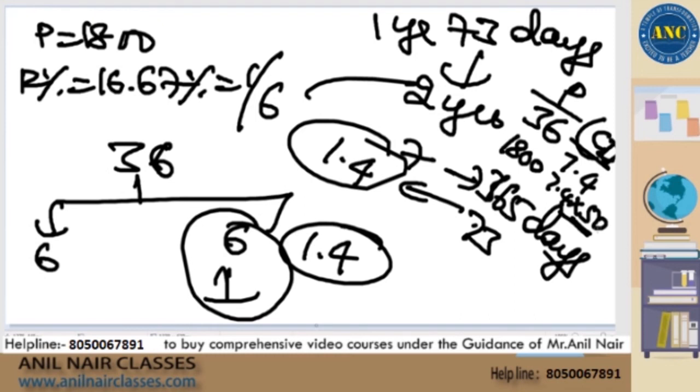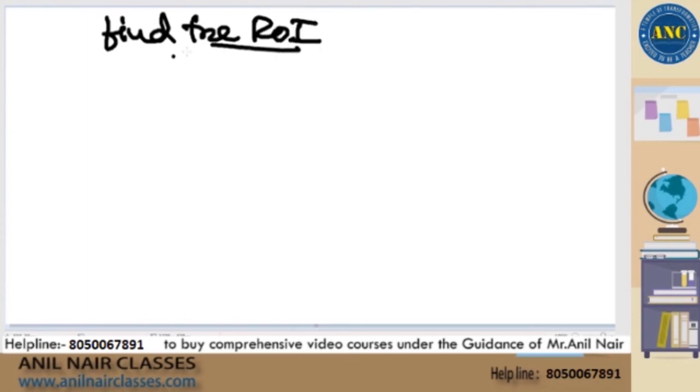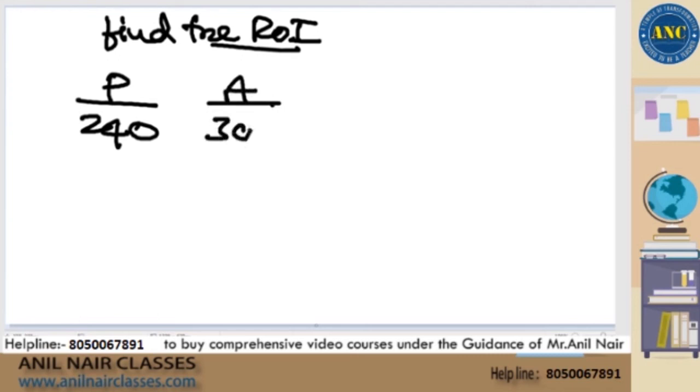Now, Anirudh's doubt is, how to find the rate of interest? Principal is 240. Amount is 300 after 2 years, right? 240 is becoming 300, so interest is 60.